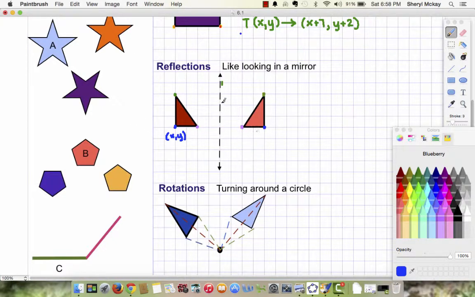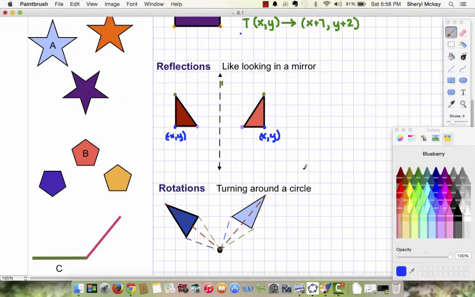If this was the origin, then this one would be negative x, and this one would be positive x, and this would be y. Do you see that? If this was 0, this would be negative 1, 2, 3, 4, and this one would be positive 1, 2, 3, 4 if we were labeling the points, and the y's stay the same.